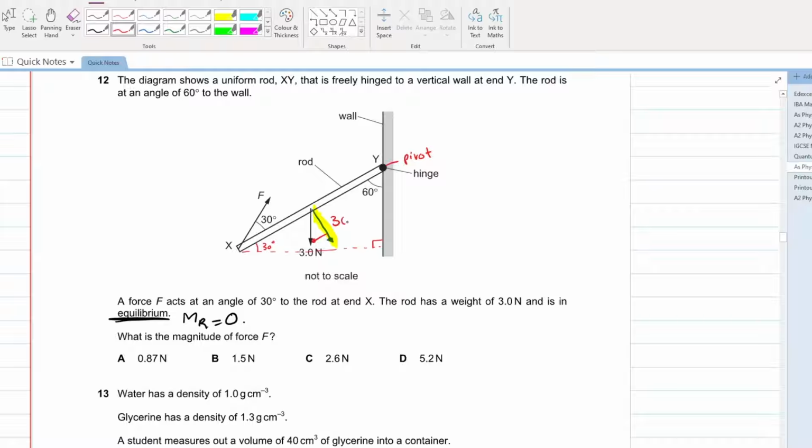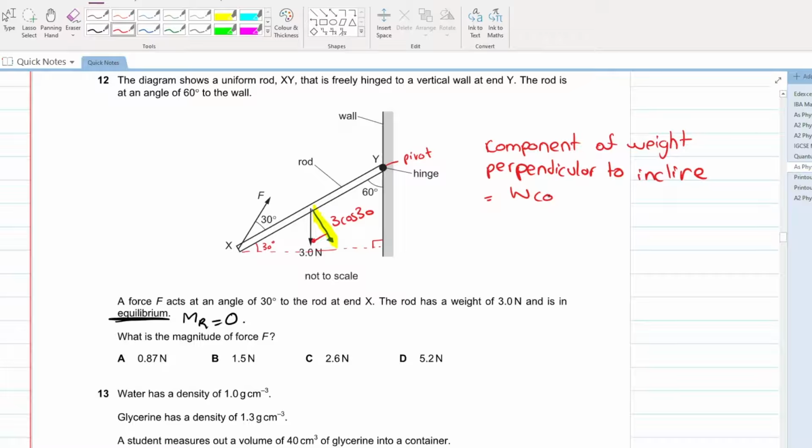3 cosine 30. Always remember, whenever you have weight on an incline, the component of weight perpendicular to incline is what?